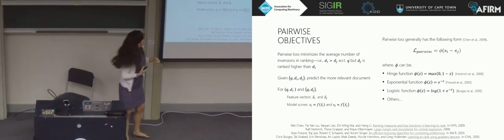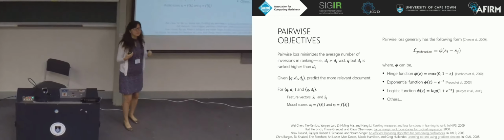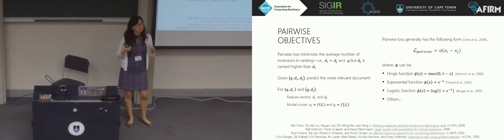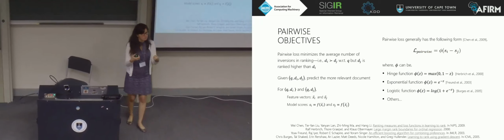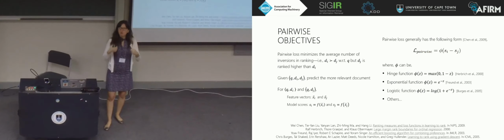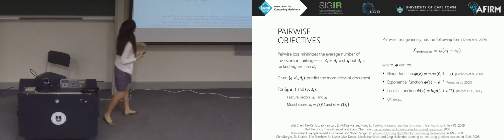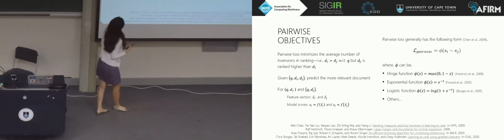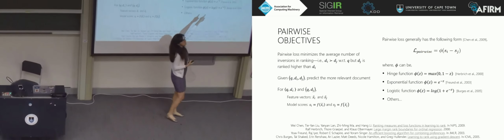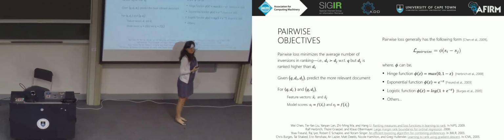You should train your model in such a way that it also predicts that document i should be ranked above document j. So instead of just giving one input, document i, to the system, we input two documents, document i and document j, and the system outputs some score for both of these documents. And then our cost function is a function phi of the score differences between the two documents.